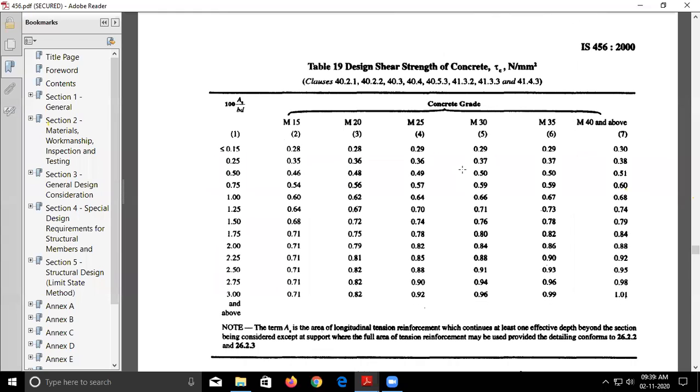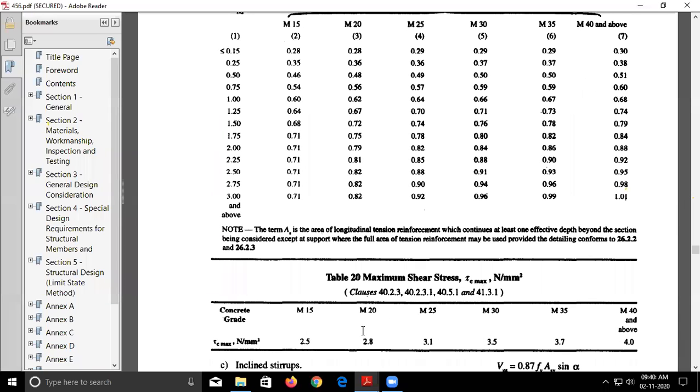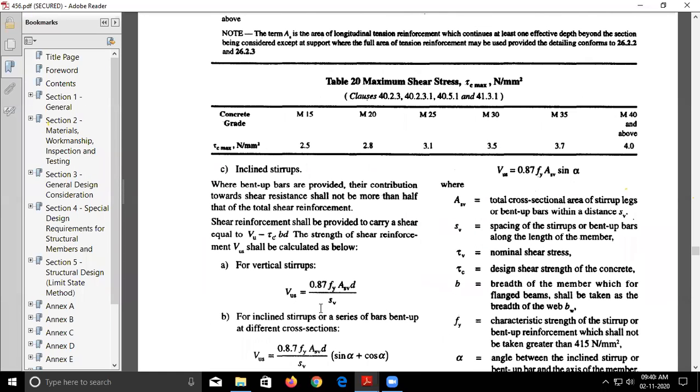This is the table. Make a note of this. To find the values of tau c, you will have to interpolate using this table. This is the tau c max, which I have already mentioned. This table is also given to you in IS code. And for vertical stirrups, this is the spacing. If Sv comes here, Vus will come in the denominator.